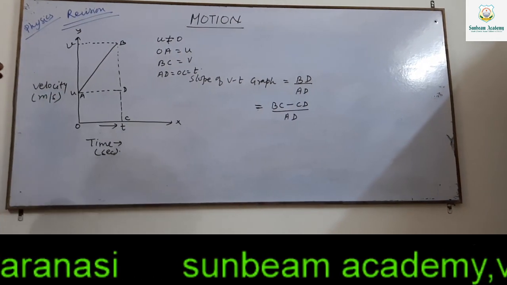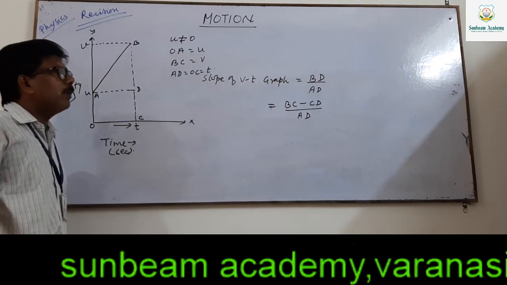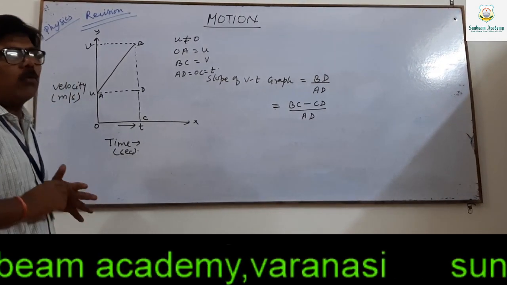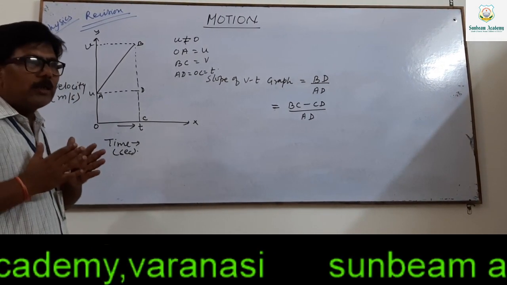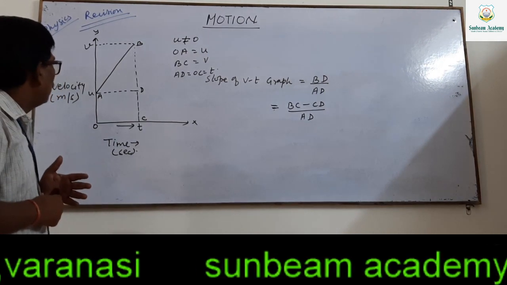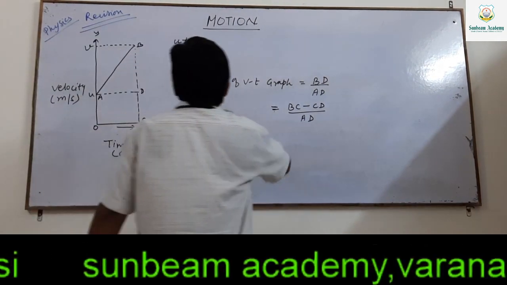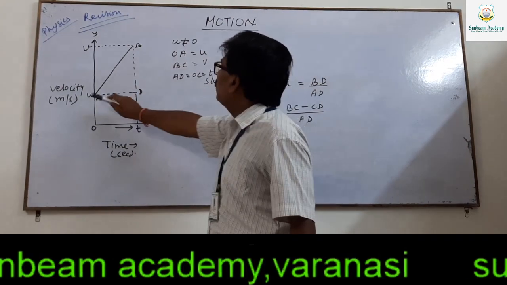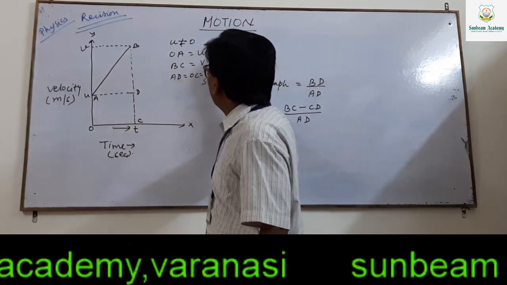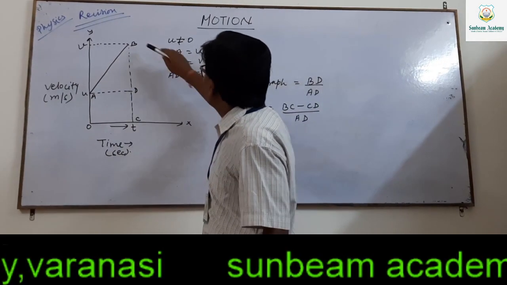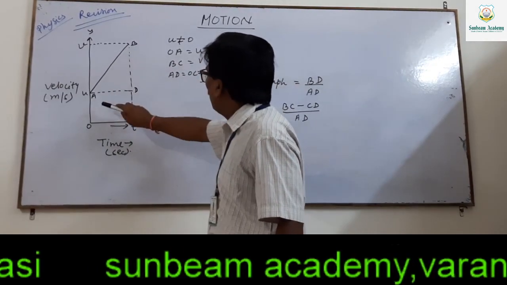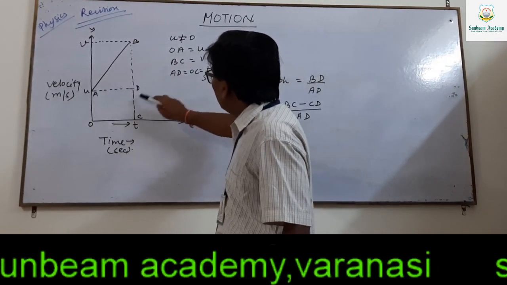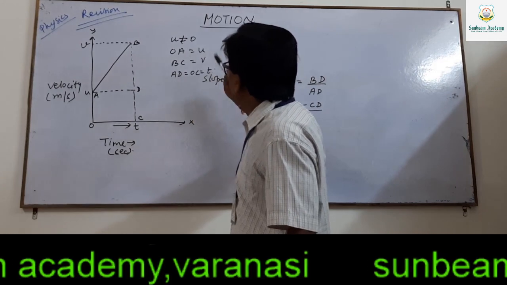And children, you know that with the help of the velocity time graph, we can calculate the physical quantity called acceleration. So here I have written some terms. Here u is not equal to 0. OA is equal to u and BC is equal to V. AD equal to OC equal to T.